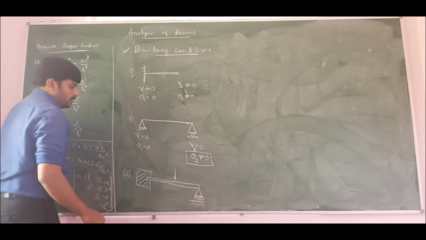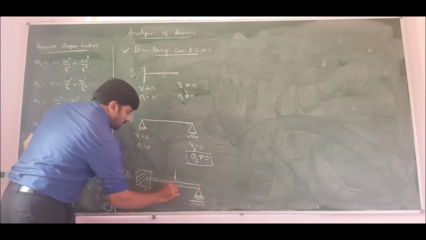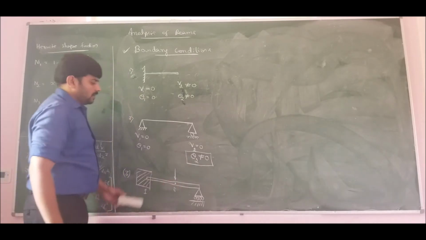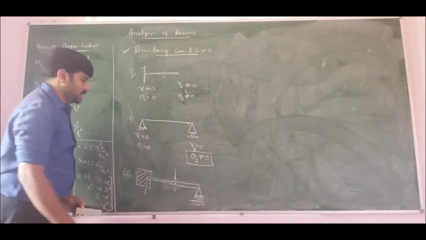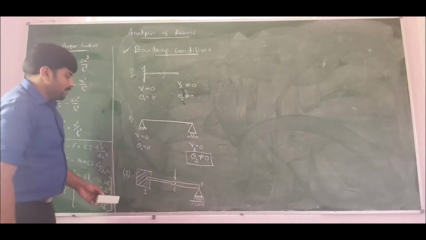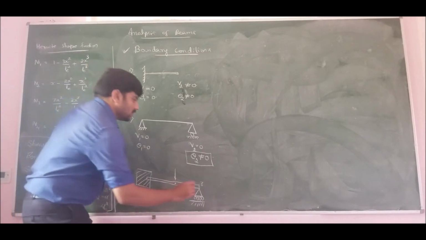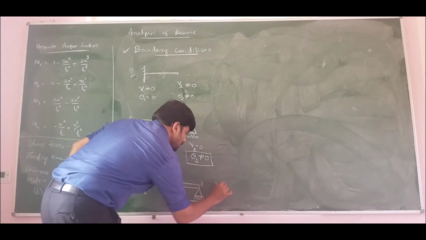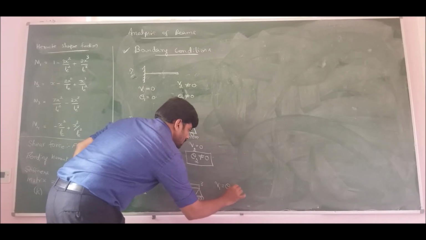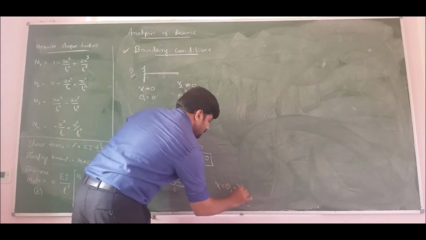If you encounter a problem like this, at node 1 all degrees of freedom are arrested. I place a node wherever I have a point load or material discontinuity or loading discontinuity, and we also have node number 3. So at node 1 both deflection and slope are equal to 0, therefore V1 is equal to theta 1 is equal to 0, and also at node 3, V3 is equal to 0.